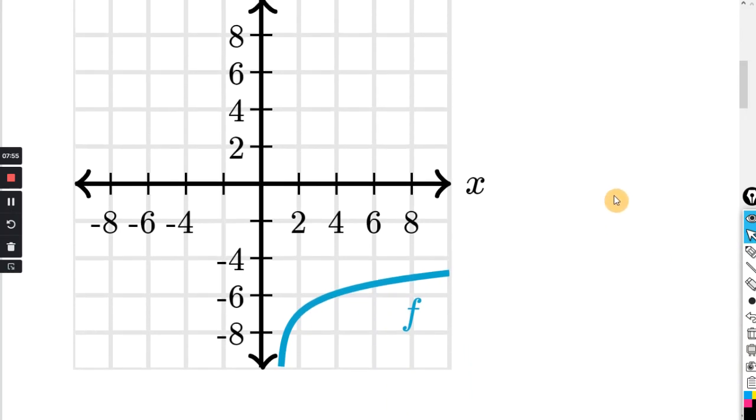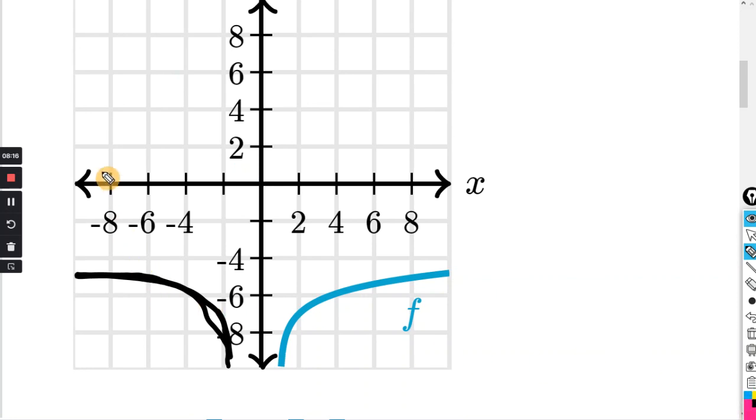So if I were to use the y-axis as a reflection, I would take this and basically it would be like that. It would be a reflection. And then reflect this one over the x-axis.